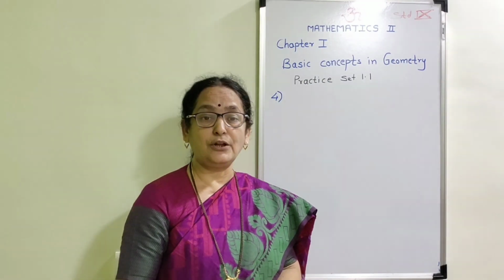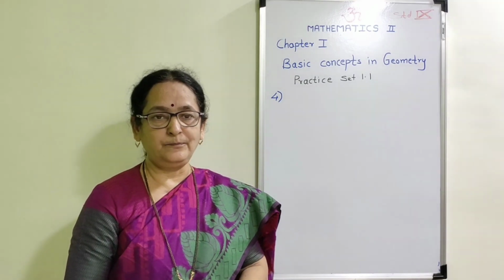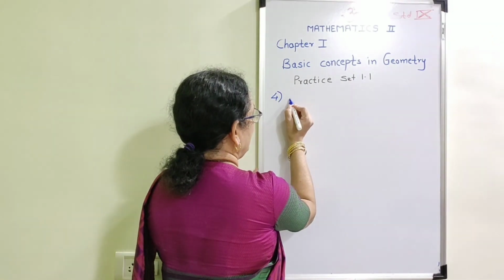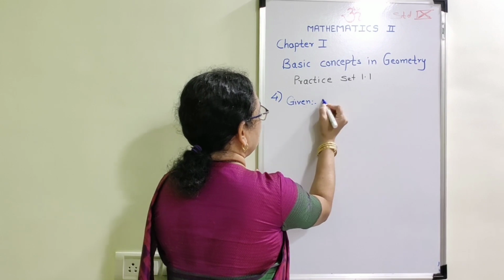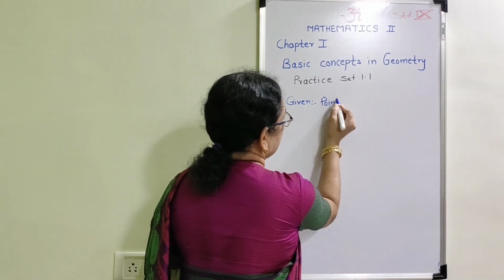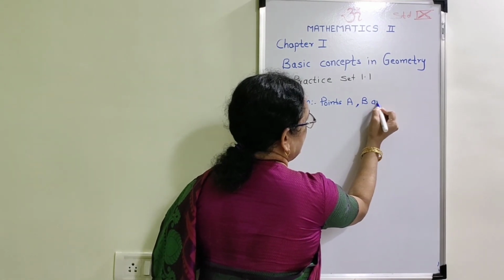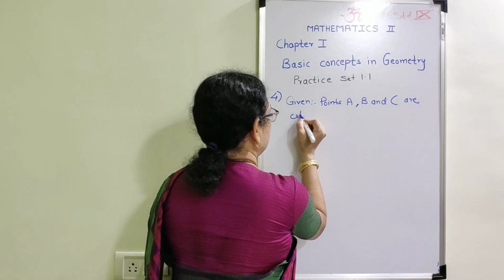That means we will conclude that the given points are collinear. Is that clear? Points A, B and C are collinear.